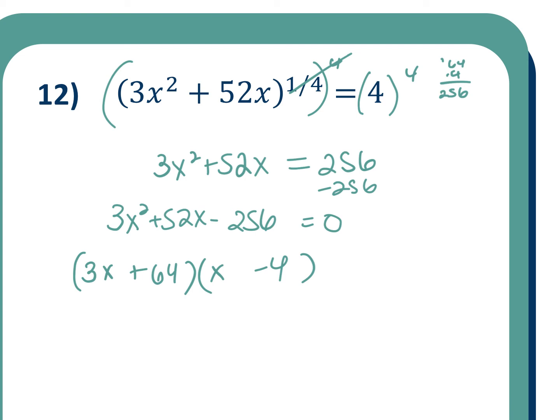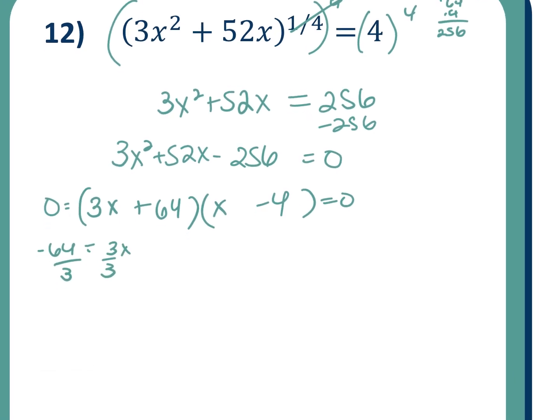You'd have to find factors of that which sum back to 52. And then you'd have to factor by grouping. The numbers won't be that big on your test. Split, negative 64 equals 3x. Divide by 3. Negative 64 over 3. And x equals 4.